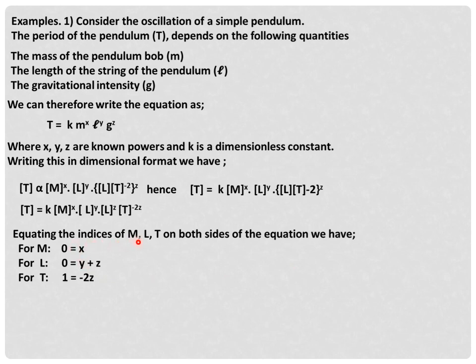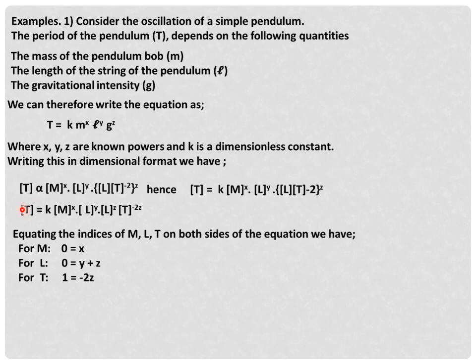Equating the indices of M, L, and T on both sides of the equation, we have: M is only found on the right hand side, it is not on the left hand side. So on the left hand side, the power of M is 0, because M not found on this expression implies that it is M raised to the power 0, because anything raised to the power 0 is 1.